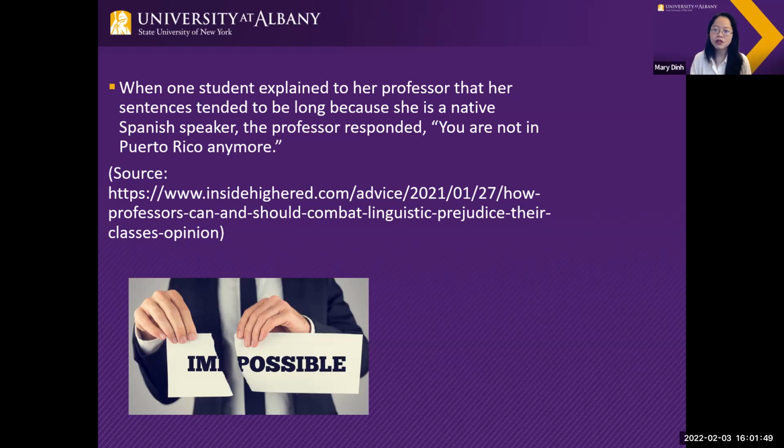Sometimes, as an international student, you may come from a culture where there is no two-way dialogue between you and the teachers, where you cannot voice your perspective. But in America, you have the right to talk to your professor and explain why you have an issue with the sentence structure.